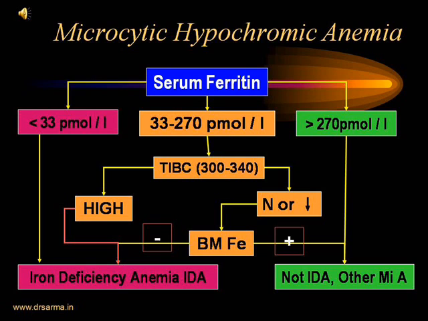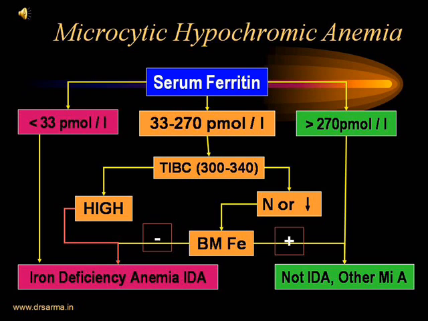On the left hand side, we have seen the iron deficiency anemia of less than 33 picomoles. On the right hand side of the flow chart, we have the green boxes. If the serum ferritin is more than 270 picomoles per liter, it is not iron deficiency anemia, but it means that other causes of microcytic anemia have to be looked into.